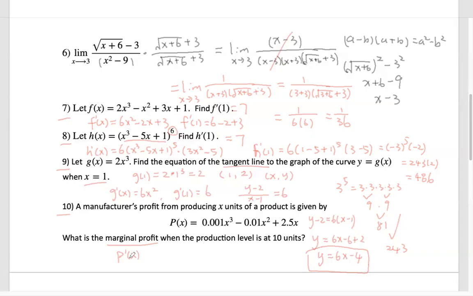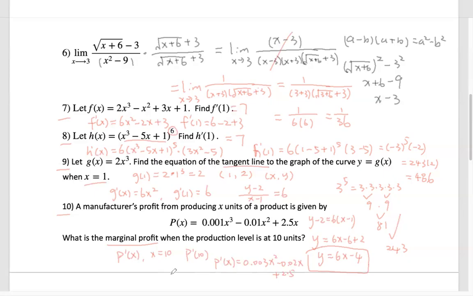For given 10 units, so when x equals 10, we want to find P prime of 10. So first, let's find P prime of x. Use the power rule. 3 times that, 0.003 x squared minus 0.02x plus 2.5.